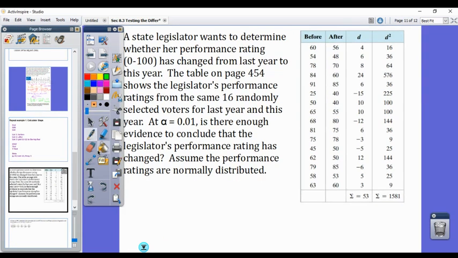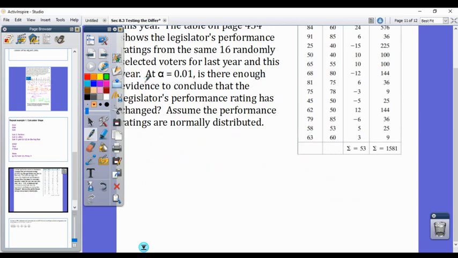Okay, so what we're going to do is we first are going to list our claim. Give myself more room because I know I'm gonna need it.